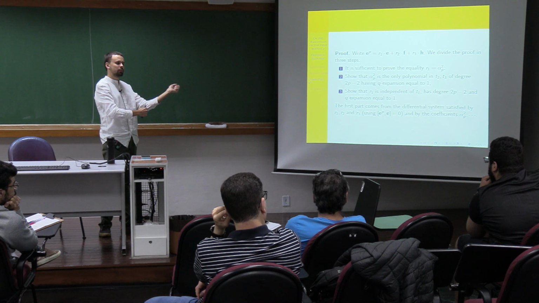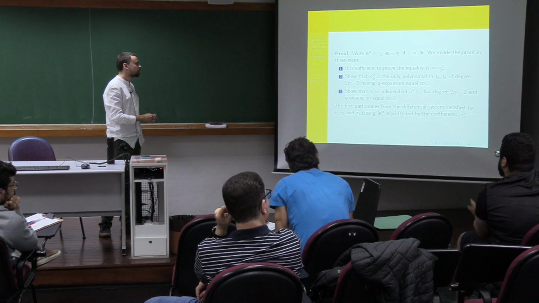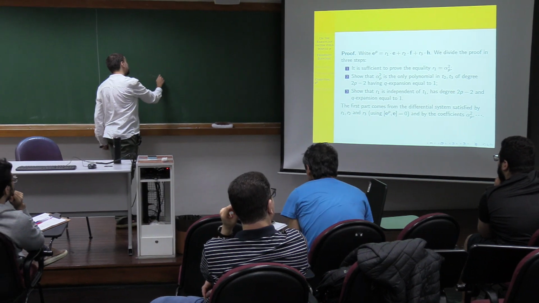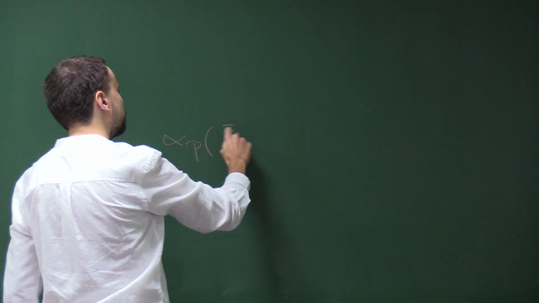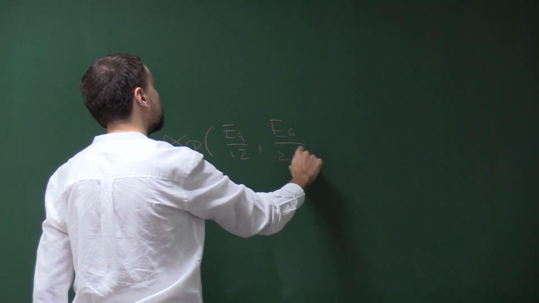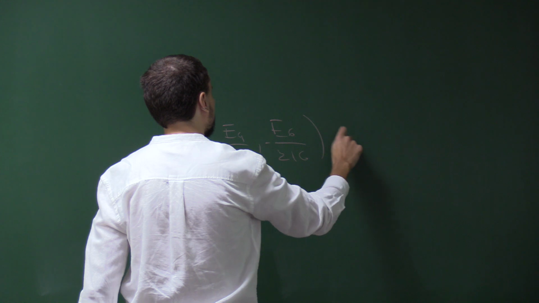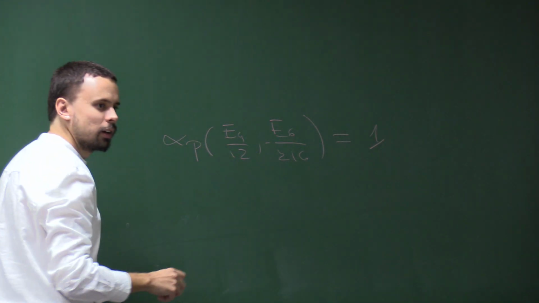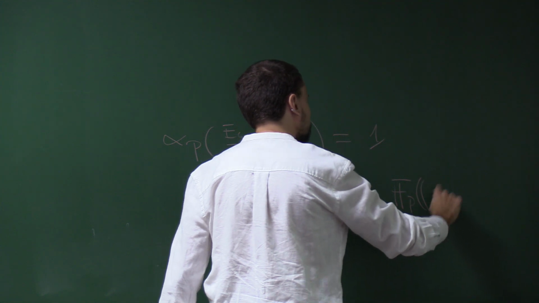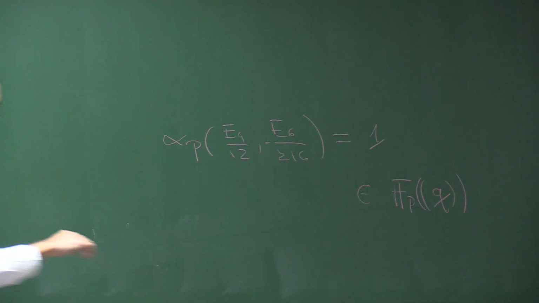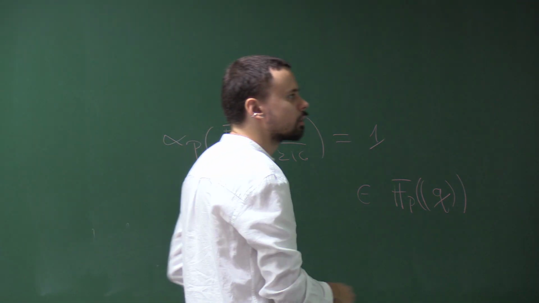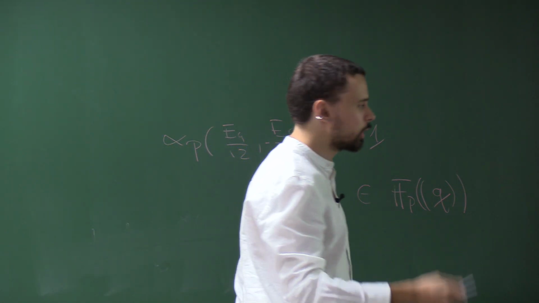Yeah, modulo P. Okay, so equal to 1 modulo P. I'm saying that alpha P of E4 over 12, E6 over 216 is 1 in this ring. Right. Equal, congruent, yes. Okay?